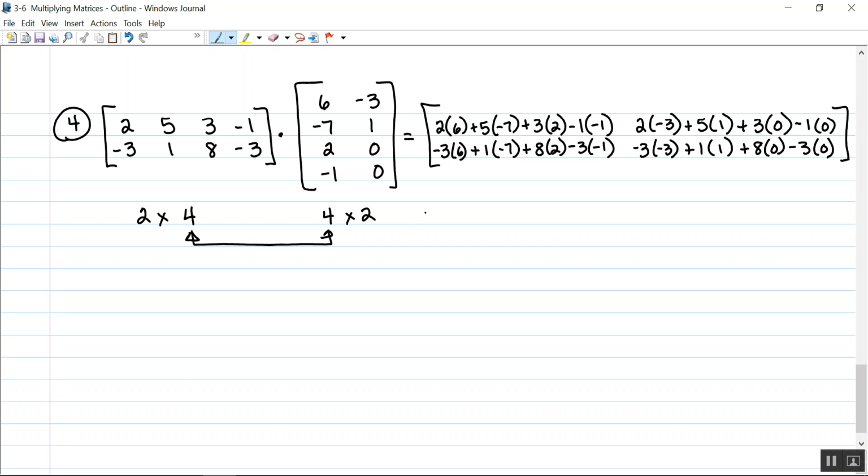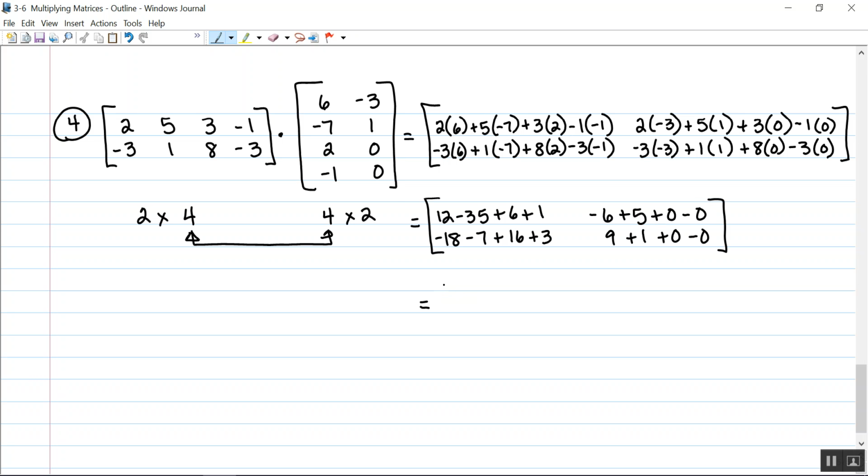Okay? And because this is a little complicated, I don't know if I can do all that in my head, let's go ahead and write it out. So that's going to be 12 minus 35 plus 6 plus 1 for my first element. Negative 6 plus 5 plus 0 minus 0. Negative 18 minus 7 plus 16 plus 3. And 9 plus 1 plus 0 minus 0.